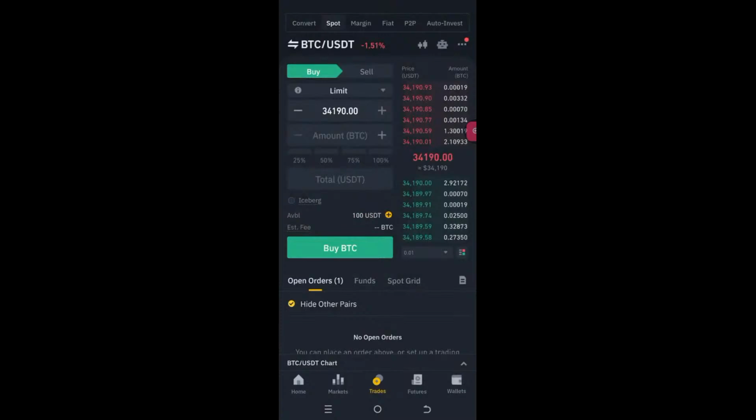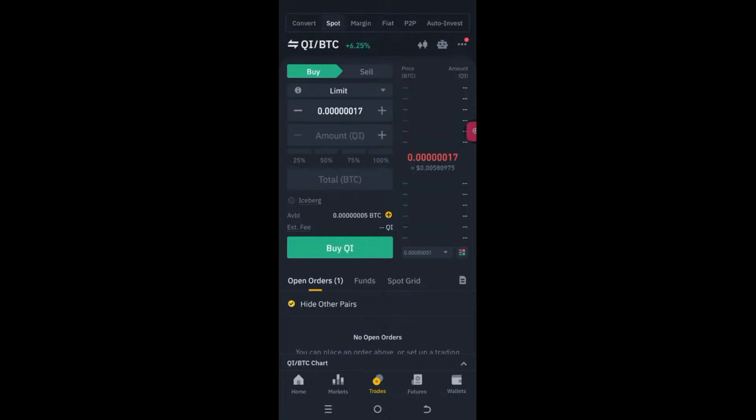Triangular arbitrage just means you're taking advantage of the disruptions and imbalances in the market. It's like you're looking for bargains and making profit off the little imbalances in the market. So here we have QI BTC, and triangular arbitrage naturally involves three coins.